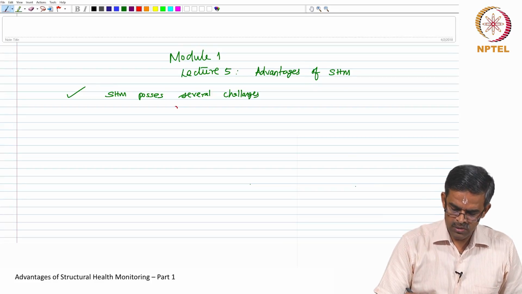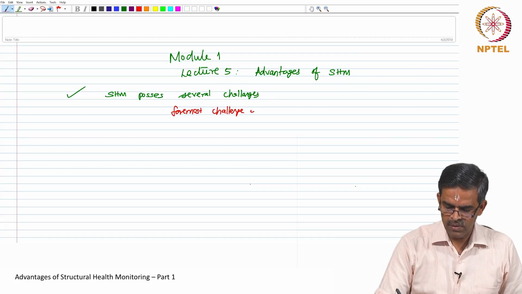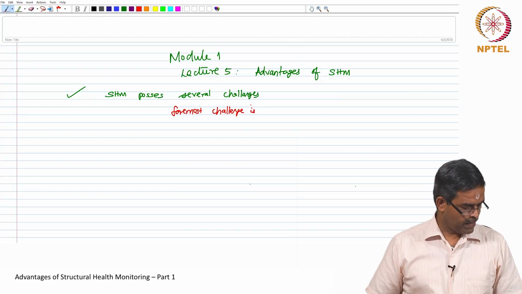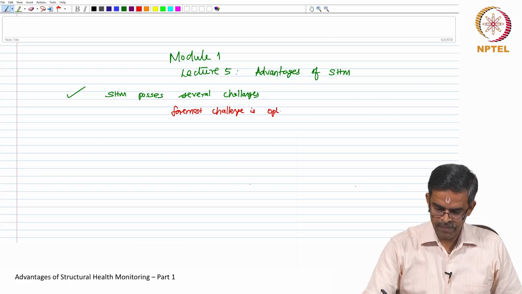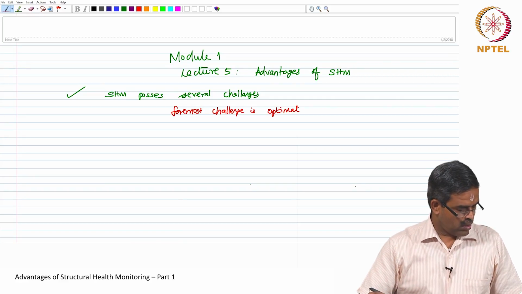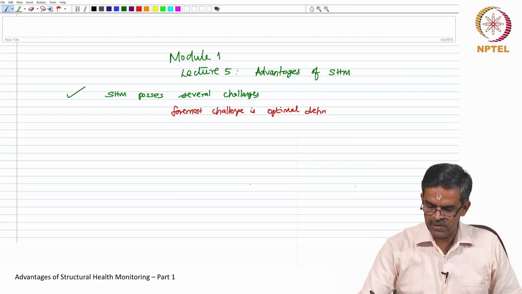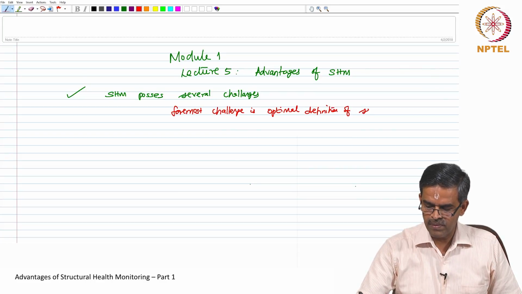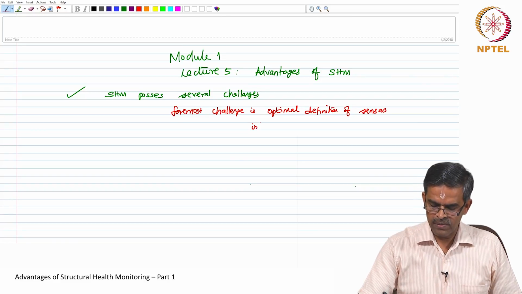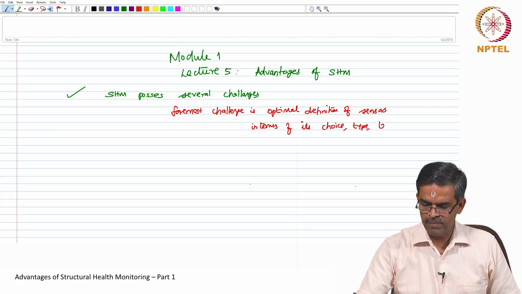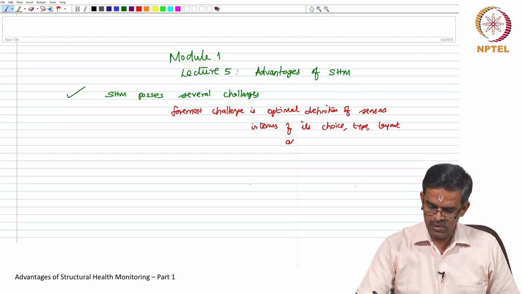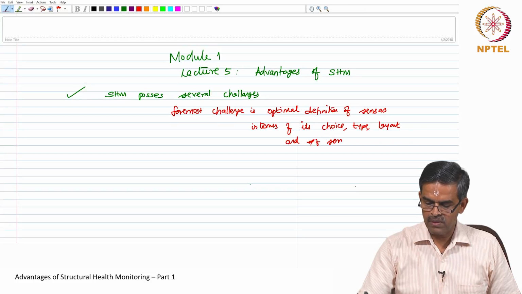We know the foremost challenge is optimal definition of sensors in terms of its choice, type, layout and number of sensors to be deployed.